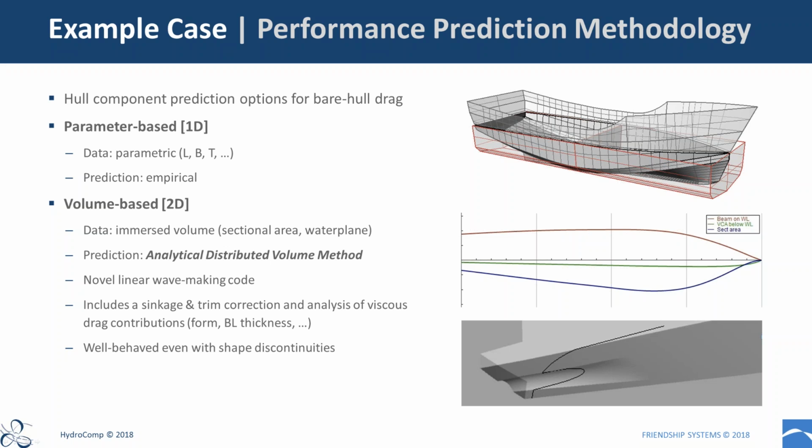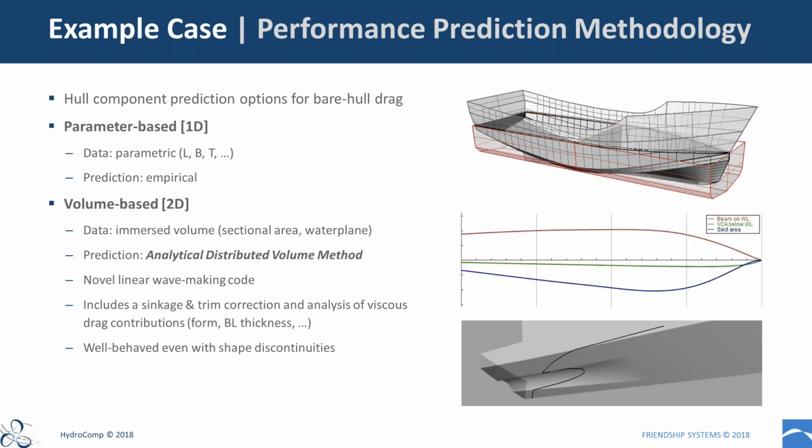Another advantage of this kind of a 2D method is that it's very well behaved. And in the graphic on the lower right there, what I have done is shown a stern with a propeller pocket, very popular for motor yachts and patrol craft, for example, with conventional shaft-driven propellers.